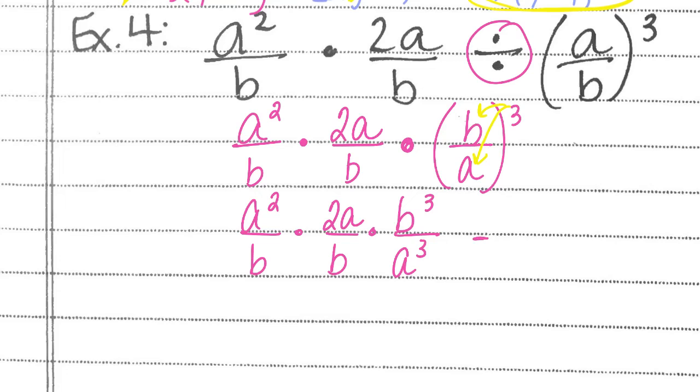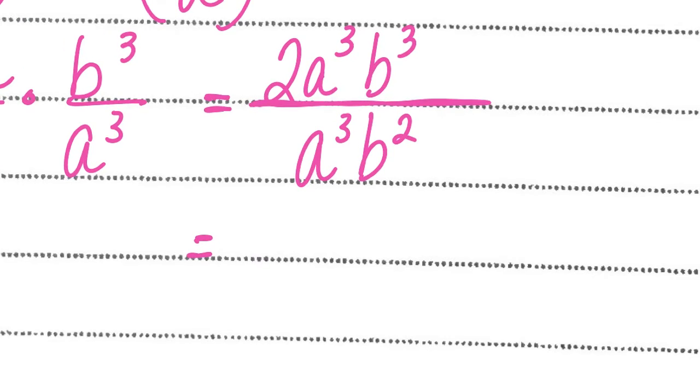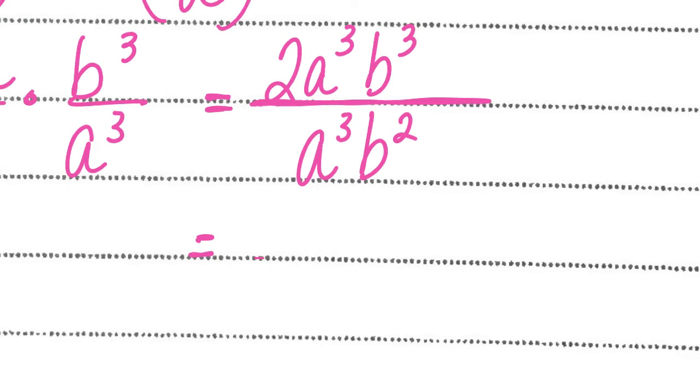Now personally, I like to combine everything first. So remember, when I multiply, I add the exponents. 2a cubed b cubed. And on the bottom, I have a cubed b squared. And the reason why I like doing that is because now you guys can see, hey, I know where the vinculum is.